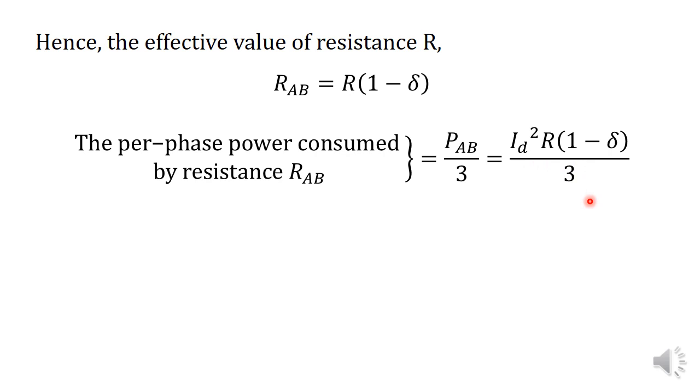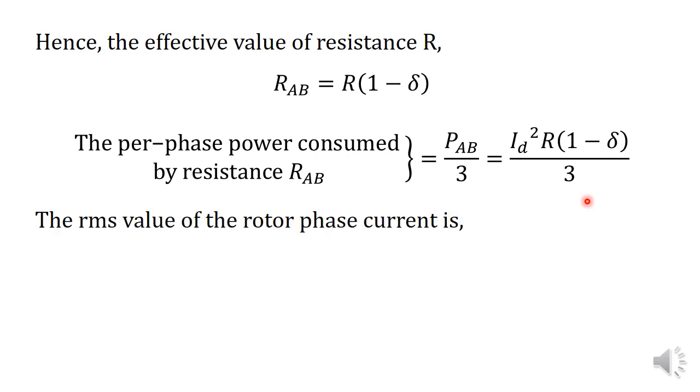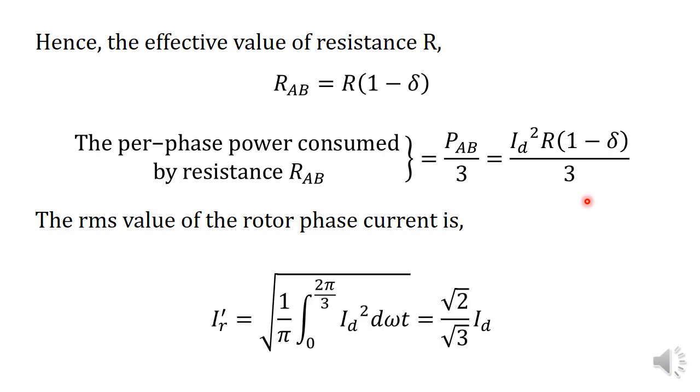Now we are going to substitute another term, that is ID. The RMS value of rotor phase current is given by IR dash, that is the per phase rotor current. IR dash is equal to square root of 1 by pi integral 0 to 2 pi by 3, that is 120 degree, into ID square d omega t.